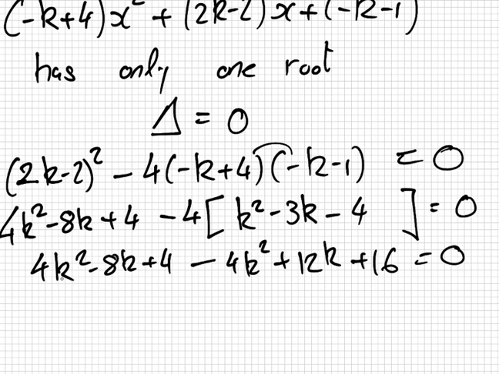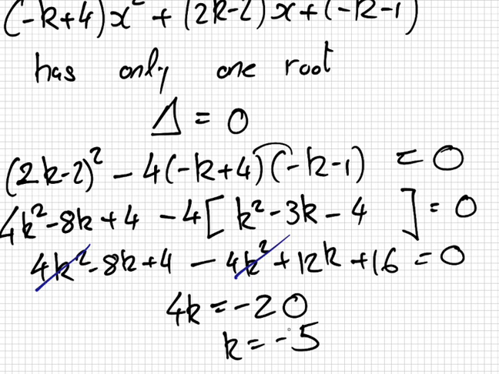So that's nice because that cancels that, so that's great. So here we get 12k minus 8k, which is 4k, and then 16 plus 4 is 20, so that's minus 20 on the right. So is that all accounted for? Yeah. So k equals minus 5. Is that 12?